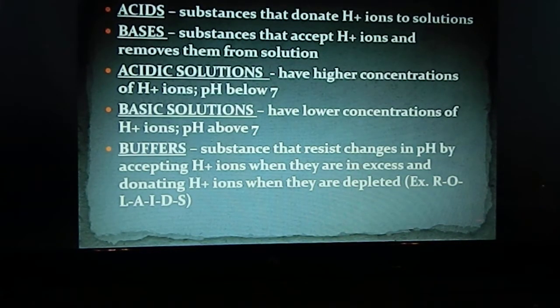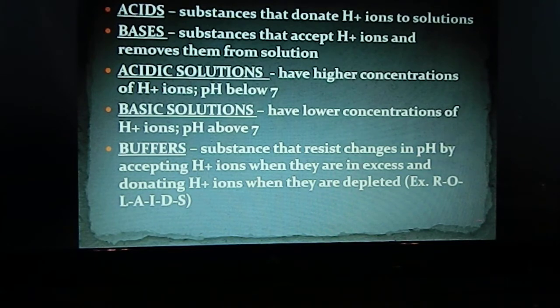So acids are substances that donate hydrogen ions into solutions. Bases are substances that accept or take out hydrogen ions from a solution. So if you have a solution with a higher concentration of hydrogen ions, probably by adding an acid, right, then the pH goes down below 7, and when it does, you have an acidic solution.